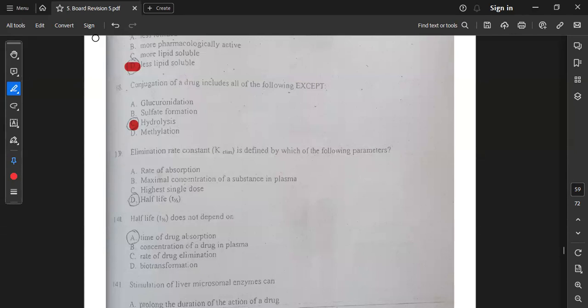Dr. Betty is telling us it's half-life. Yes, half-life. You remember it even from the calculation, 0.693 over T half. So I think most of us agree on half-life.